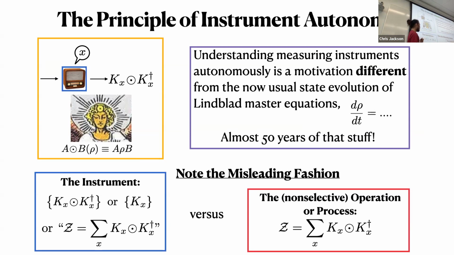Okay, so now a little misleading fashion. A lot of the time, I think I've already done it a few times, I point at this and I call this the instrument. But of course, I'm talking about the set of things in that sum, okay? So like, if you do a lot of statistics and you like grand canonical ensemble or canonical ensemble, you do the same thing.